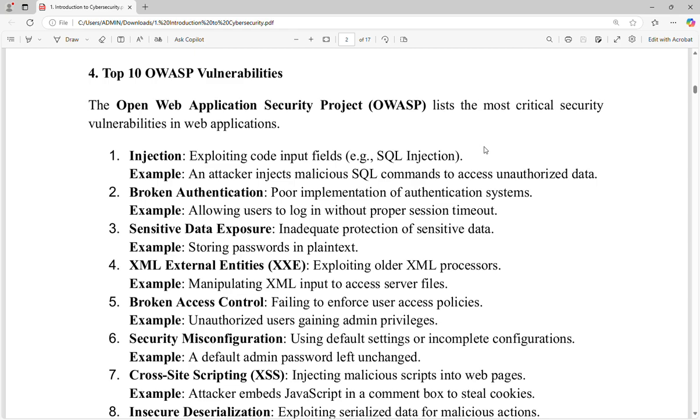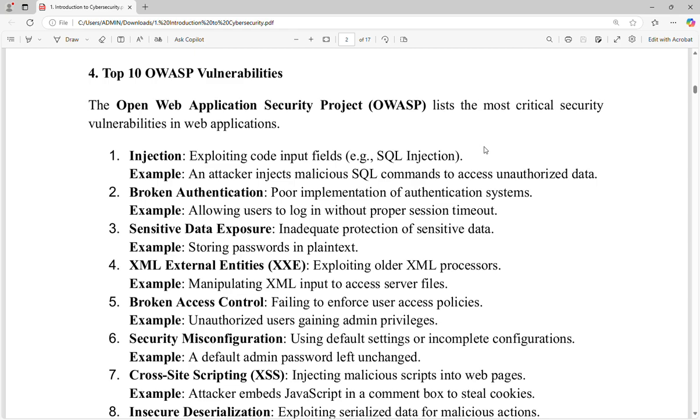And then we also have security misconfiguration, using default settings or incomplete configurations. An example is a default admin password left unchanged, when you are using the default username and password, where the password is also password.